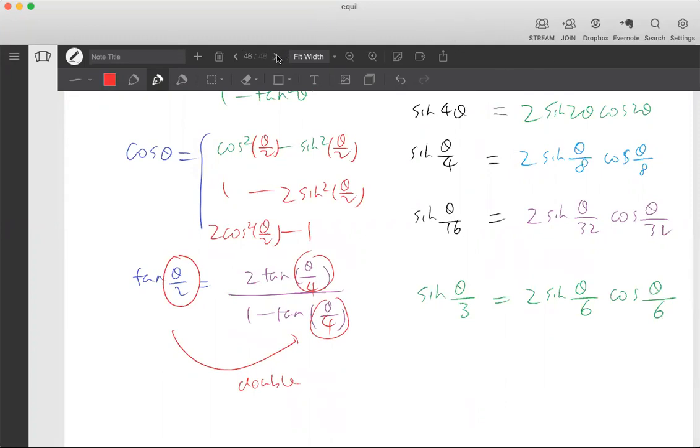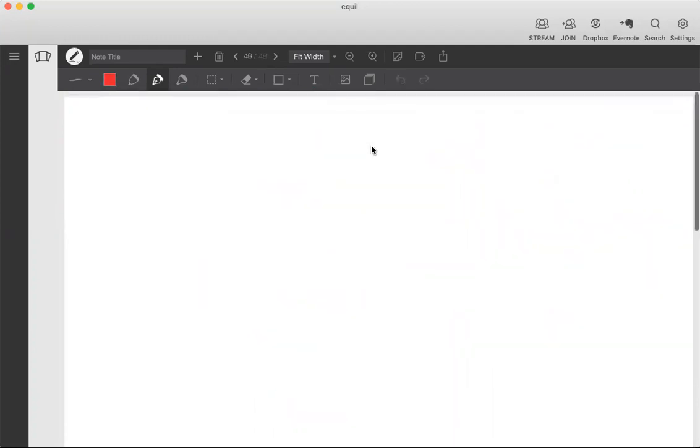And another thing is the double angle formulas for the rest of the three trig functions. We didn't learn the double angle formula for cot, sec and cosec.